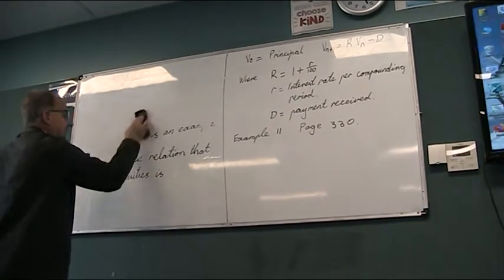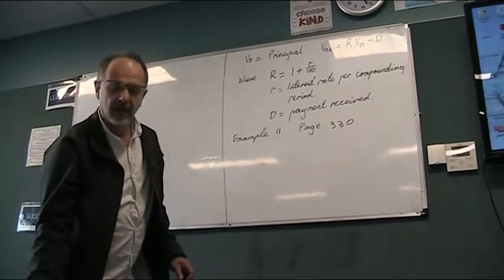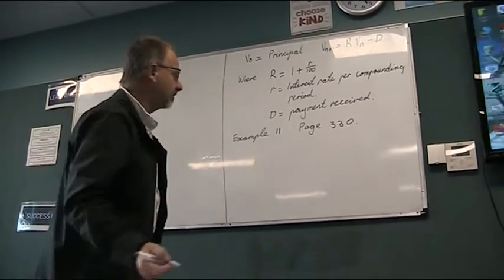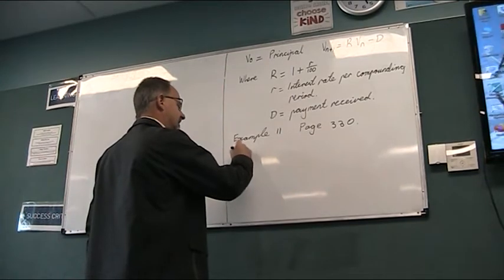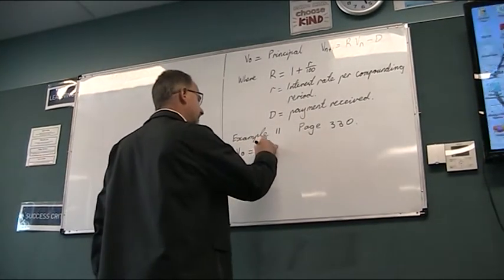All right. So let's write down the information that we need. First of all, we're just told that he invests $12,000. So that's his initial amount, he's got $12,000 in there.